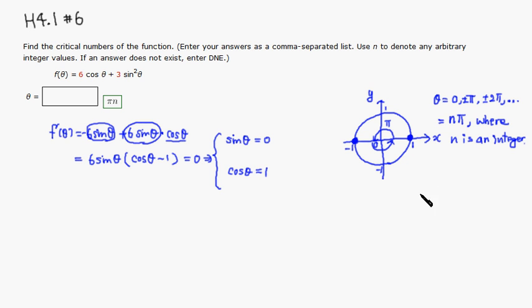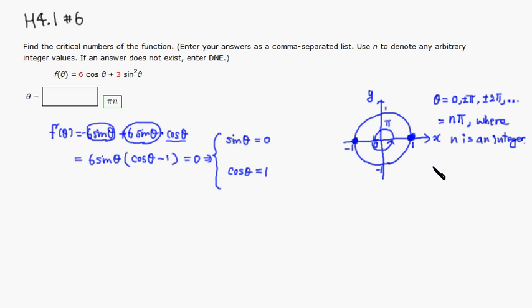All right, so that's from here. Now, cosine of theta equals 1. So the x value is going to be 1. It's actually this point. For that one, you get 0, then any multiple of 2 pi would be okay.